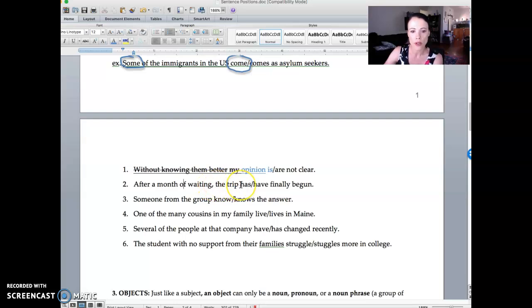So remember, the complete subject is everything before the verb, so let's underline that first. That's my complete subject. Now, after a month, PP, cross it out, of waiting. That's a prepositional phrase as well. So that leaves me with the trip. That's going to be my simple subject. So do we say the trip has or the trip have? The trip has, right? My singular verb.